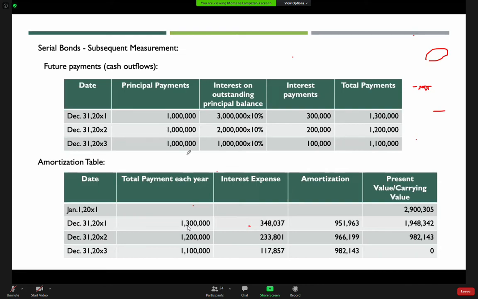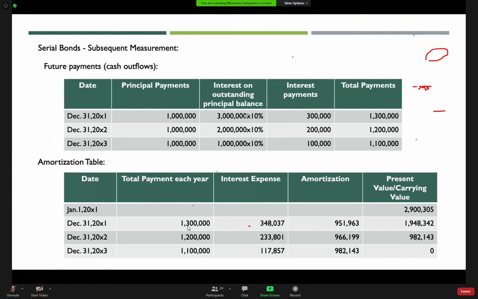That is for 3 years. Yung 3 million na face value divide 3. So, 1 million. Other than that, nagbabayad din tayo ng interest payments. Okay? So of course, ang interest na babayaran mo lang will be the interest on the outstanding balance of the liability.